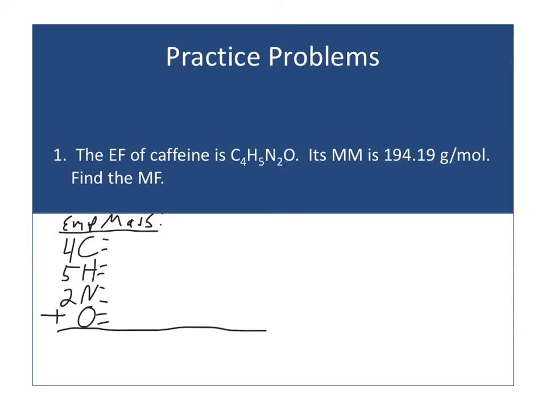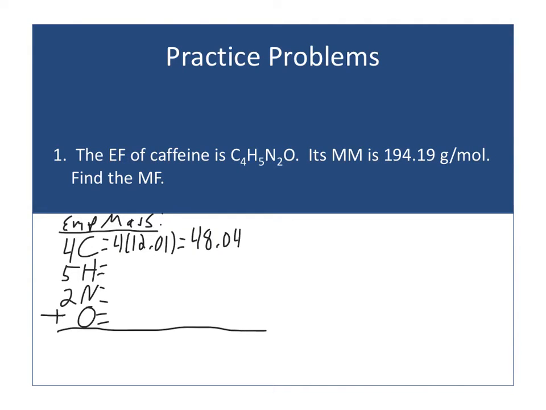Four carbons ends up being 4 times 12.01, which comes out to be, what does it come out to be? Comes out to be 48.04.